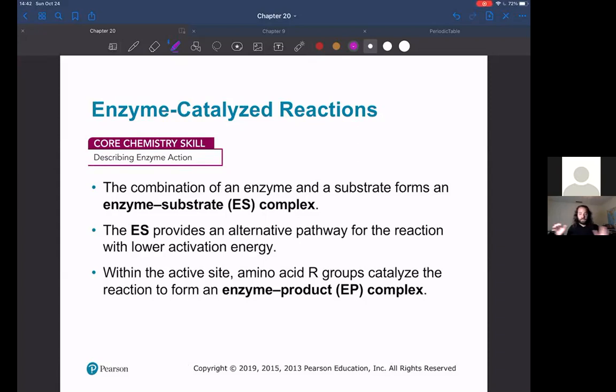Again, the details are really complicated and beyond the scope of this class, but we just know that enzymes catalyze the conversion of substrate into product. Then you have your enzyme product complex that dissociates and allows the products to leave, leaving you with your enzyme just as it was before the reaction. Remember, reactions don't change enzymes.